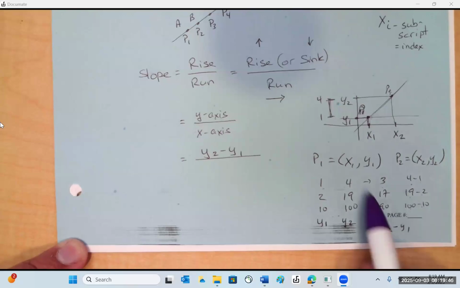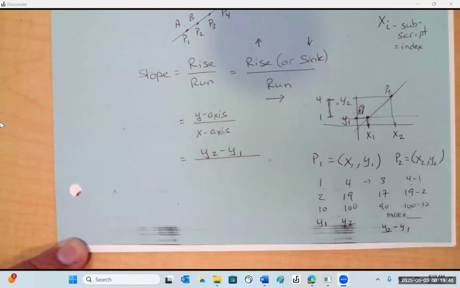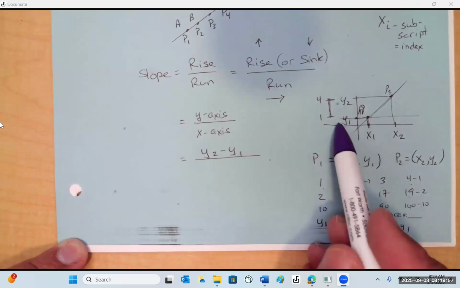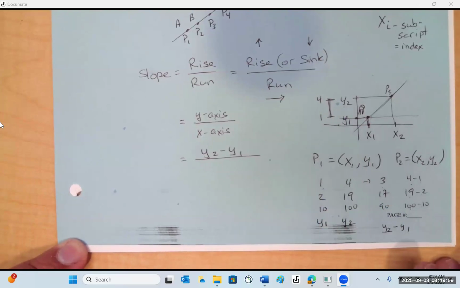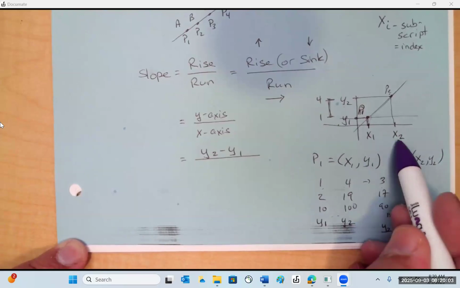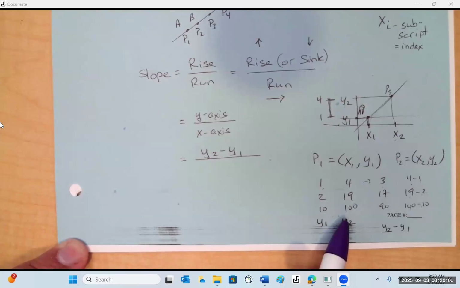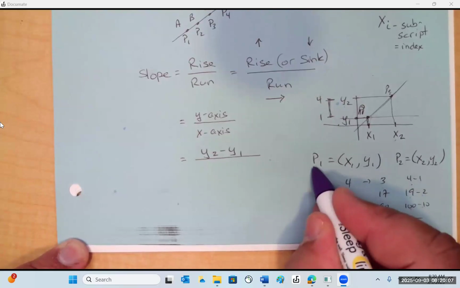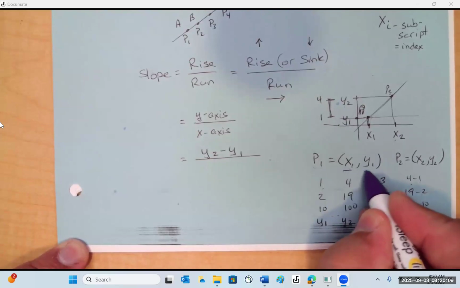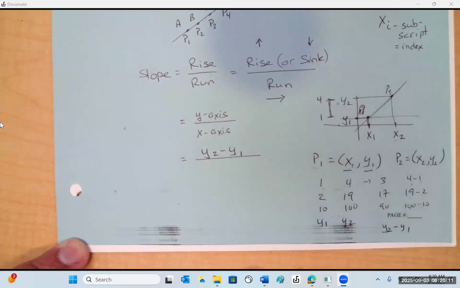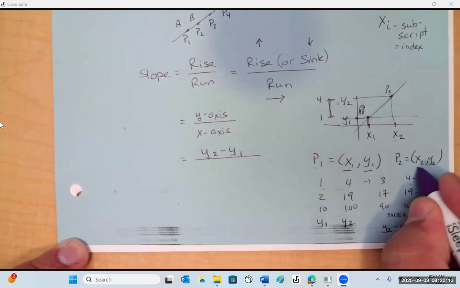Have we seen y1, y2 anywhere on this page? Yes, right here. Here's y2, here's y1. Here's x2, here's x1. Point 1 is made up of x1, y1. Point 2 is made up of x2, y2.